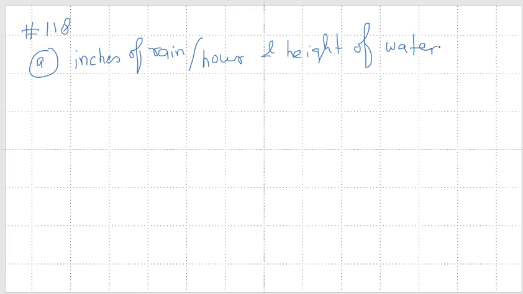Well, what do you think? I think it makes sense. If there is more rain, it tells me there'll be more water. Well, then I'll say it's a positive association, right?